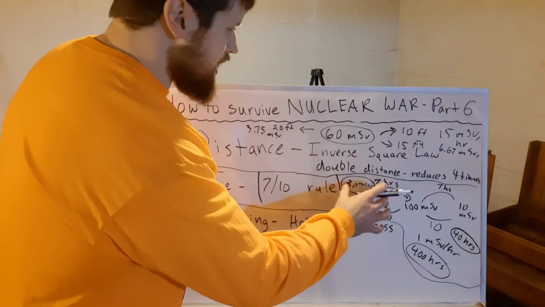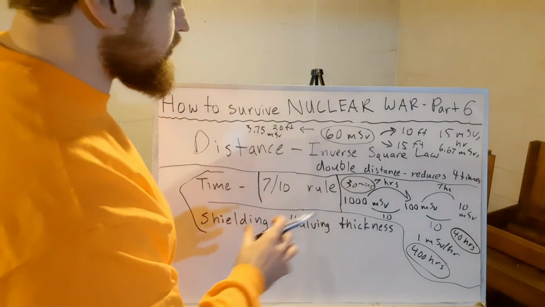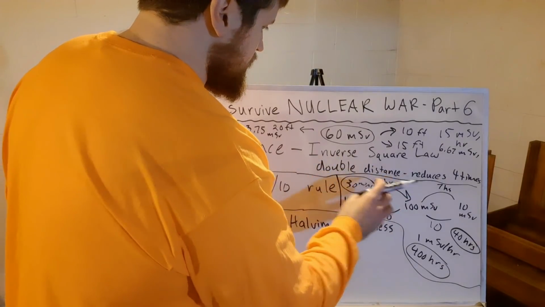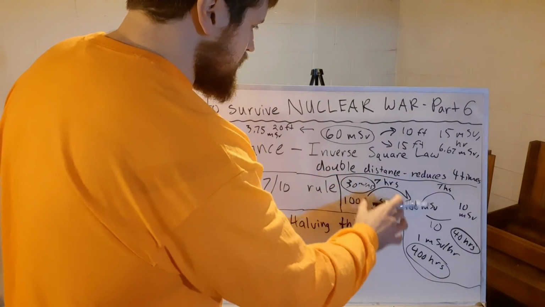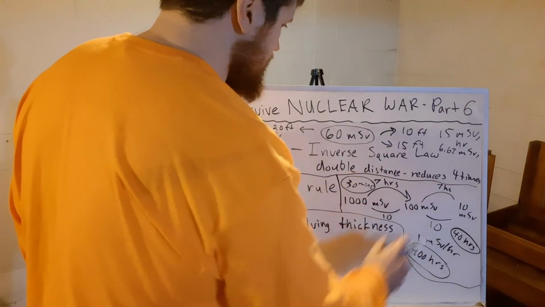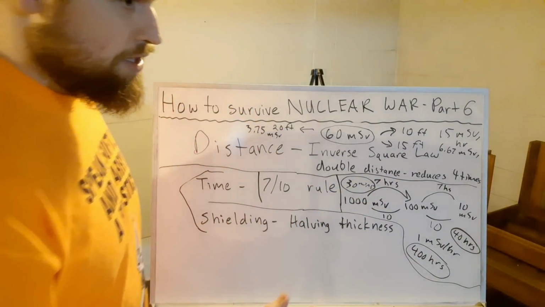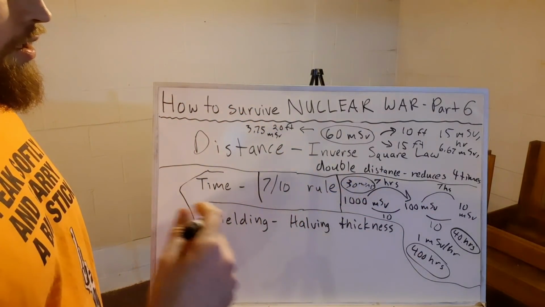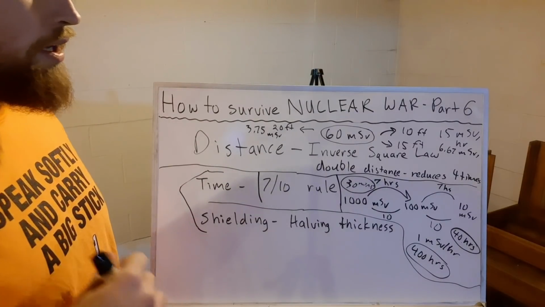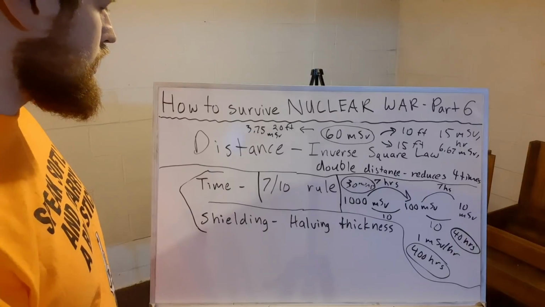This is the most dangerous time period after a nuclear weapon explodes, the first 48 hours. That's when you have that really high radiation. After 48 hours, or 2 days, it breaks down to a more manageable level where you can go outside of your shelter for very limited periods of time to do certain things, okay?